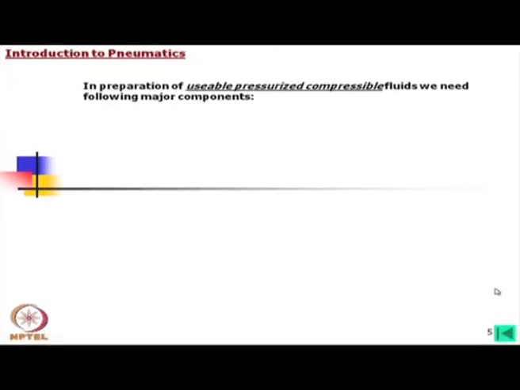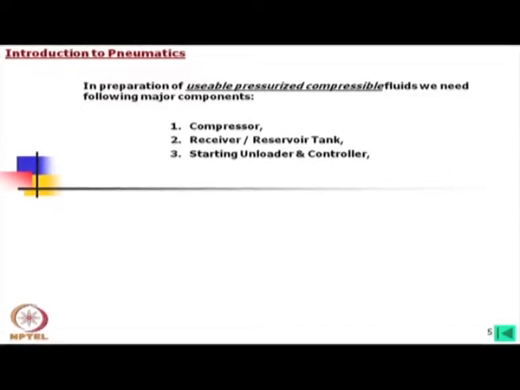Now, in preparation of usable pressurized compressible fluids, we need the following major components. One is definitely a compressor. A compressor is nothing but a pump which is pumping the air or gas. A receiver or reservoir tank, a starting unloader and controller.